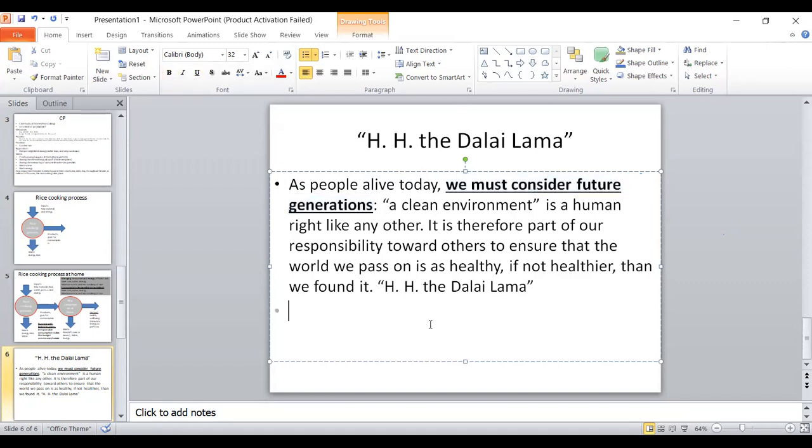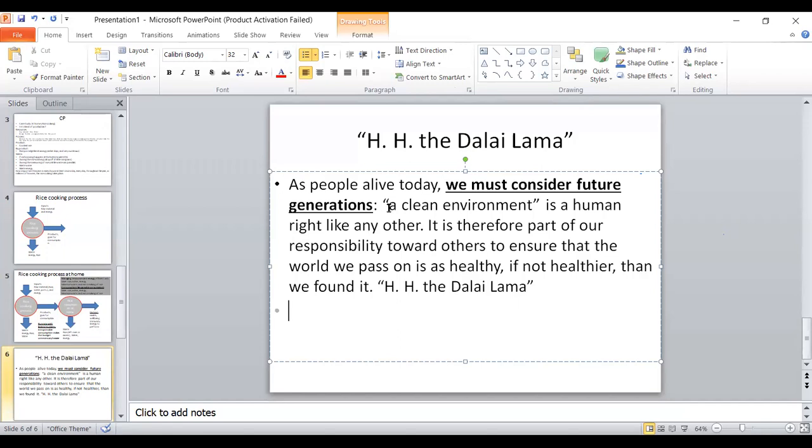This is very important. If we have no mindset of this, I think it's a huge weakness. We must consider future generations.